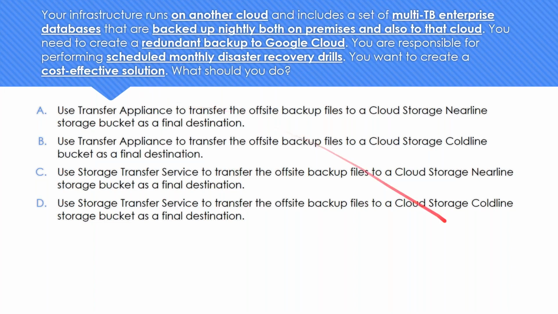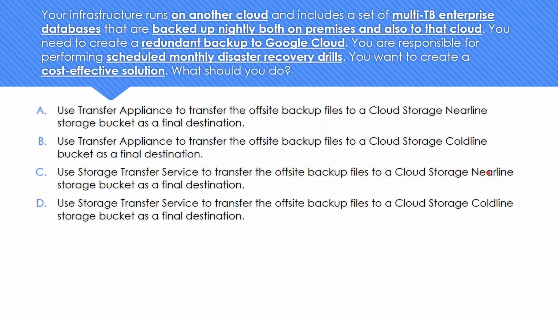Option D is exactly the same, with Coldline as the final destination. So both are going to use transfer service for cloud, which can do from other cloud to GCP. There are inbuilt capabilities from AWS to GCP, and Azure to GCP is already there. So definitely transfer service is going to be a good choice, to help back up the stuff from that cloud to GCP.